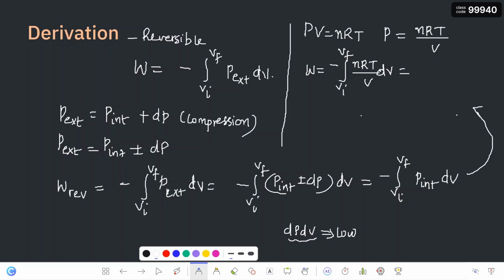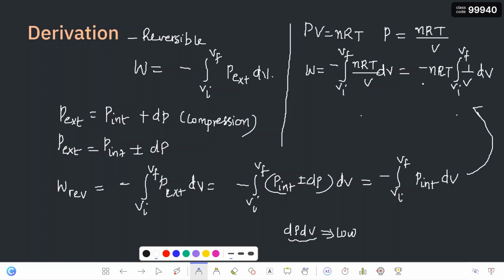At constant temperature, which means isothermal condition, n is the number of moles, which will be constant. R is the gas constant. Temperature is also constant. These terms we take outside and it becomes Vi to Vf 1 by V dV.